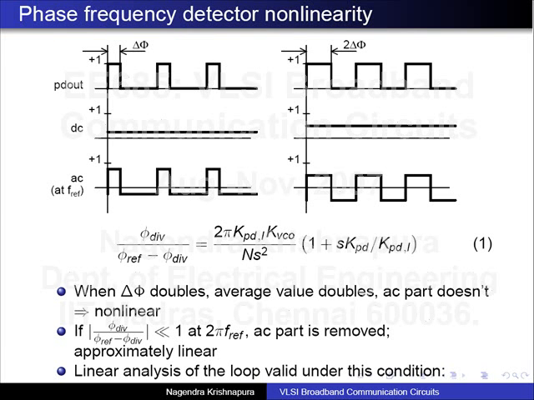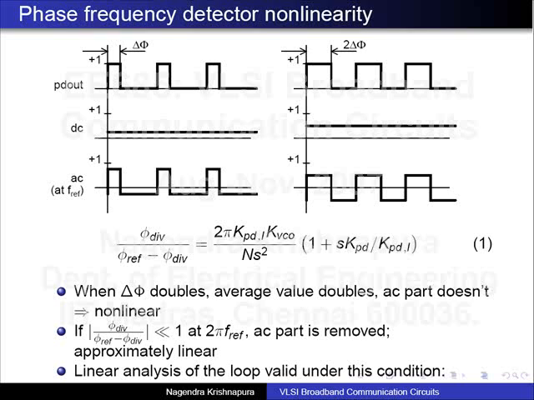So the linear analysis is approximate. You can deal with the AC part of this separately by treating it as reference feed through. It won't get fed back if the reference frequency is much more than the bandwidth of the loop.